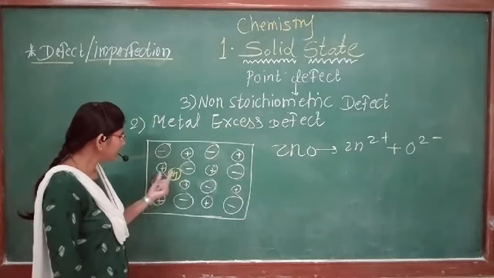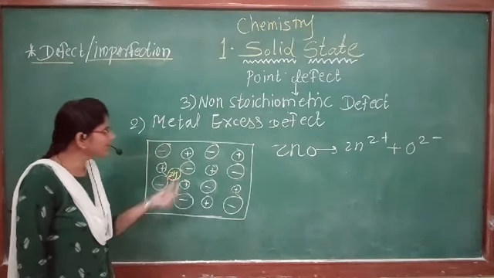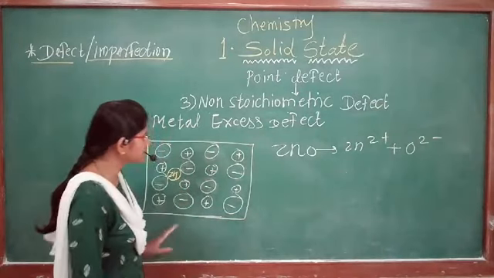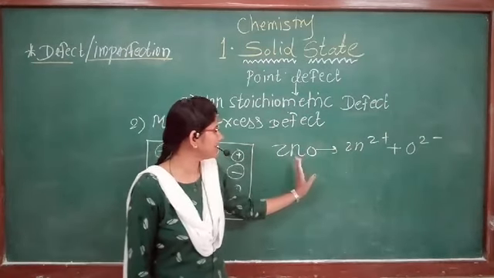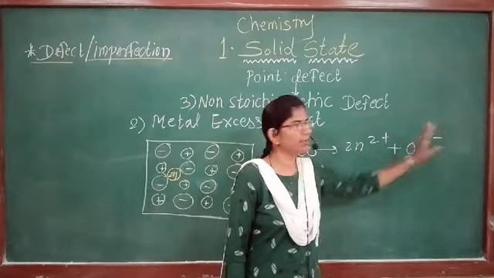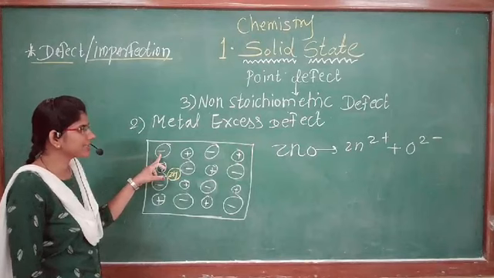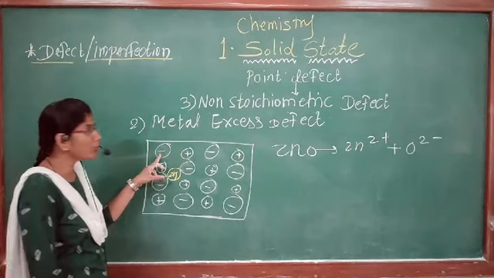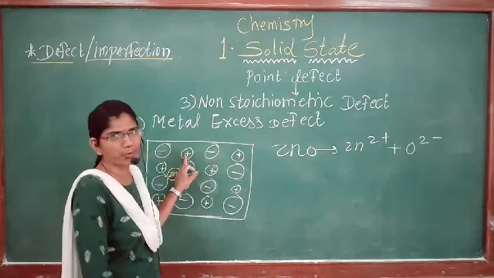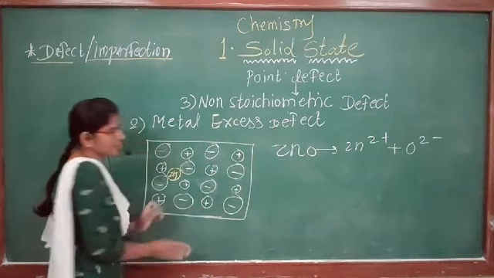Consider the crystal sites of ZnO. As we know, ZnO consists of Zn2+ and O2-. These are the crystal structure of ZnO.